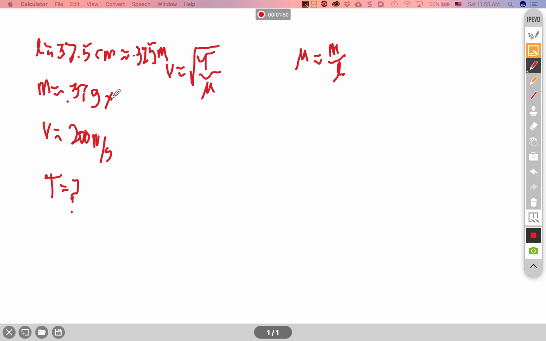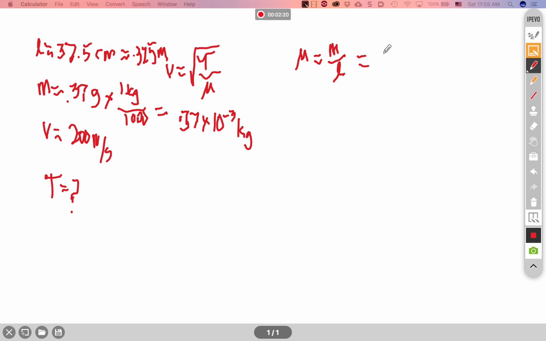So there are 1,000 grams in 1 kilogram. And 1,000 is 10 to the minus third. So I'm going to make this, so we don't have a million decimal points, 0.37 times 10 to the minus third kilograms.